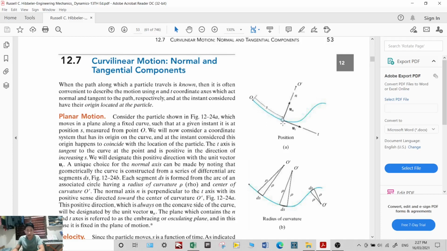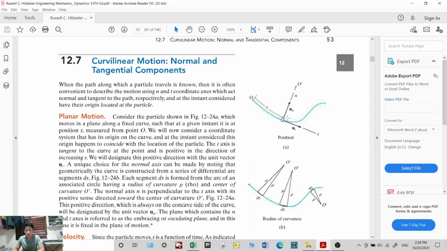In the normal and tangential components, we resolve the components of the velocity and acceleration along the tangent to the path and normal, or perpendicular, to this tangent axis. In order to define these axes, we need a unit vector that points in this direction, and also a unit vector pointing in this direction.